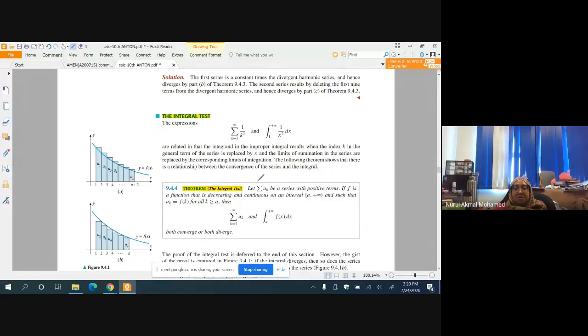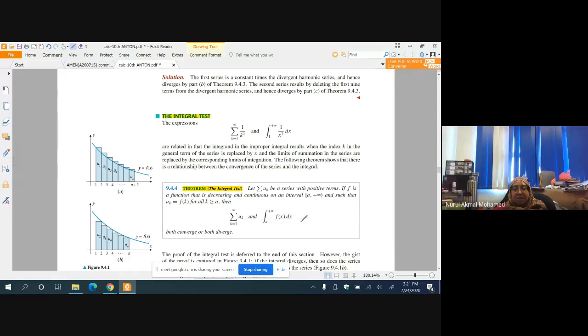So the theorem says that the summation of u_k converges if this integral converges, and the summation diverges if this integral diverges. The integral converges if you get a constant value.